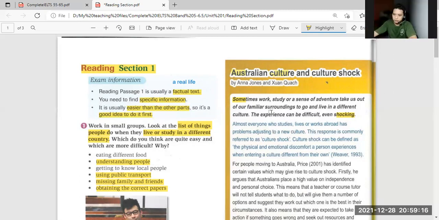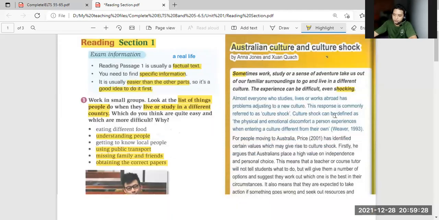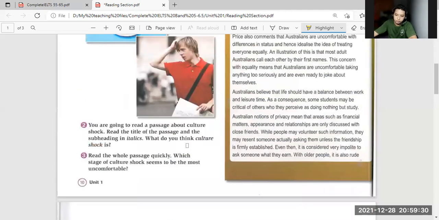Okay, very good. Sometimes work, study, or a sense of adventure take us out of our familiar surroundings to go and live in a different culture. The experience can be difficult, even shocking. Now, what do you think culture shock is? Can you tell me?